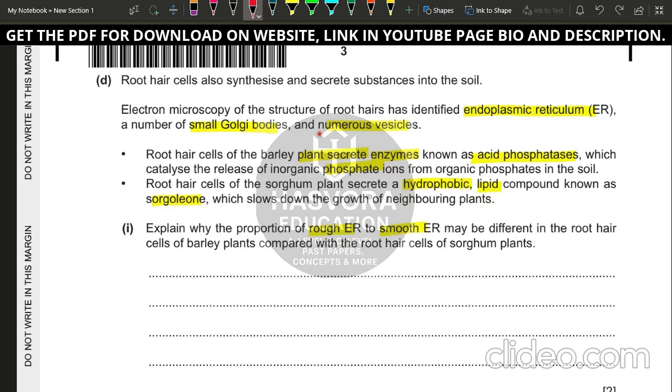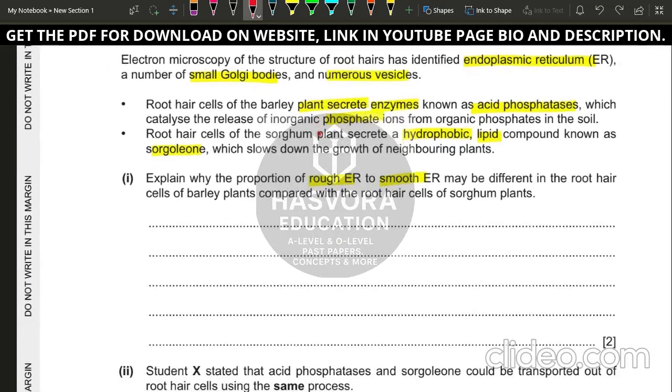So that is why the smooth endoplasmic reticulum will be in high proportion in the sorghum plant, because we need the lipid compound, which is the sorgoleone. And in the barley plants, we need the enzymes, so we need more proportion of the rough endoplasmic reticulum for the synthesis of proteins. So this is what you have to write: 1 point for the barley plants, and 1 for the sorgoleone.